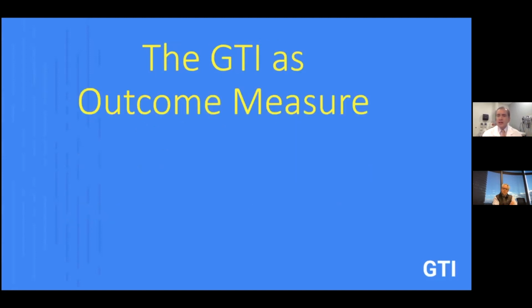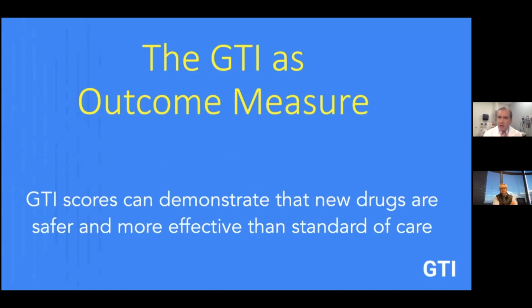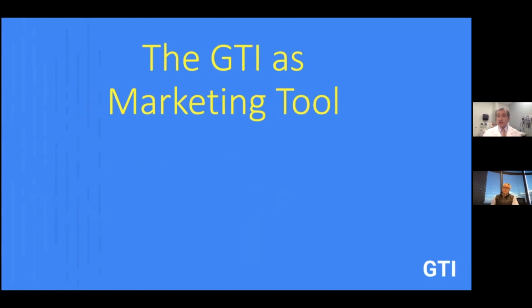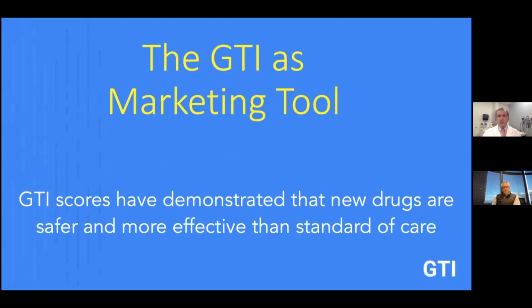So the GTI as outcome measure: GTI scores can demonstrate that new drugs are safer and more effective than standard of care. The GTI as marketing tool: GTI scores have demonstrated that new drugs are safer and more effective than standard of care, and data that I will show you related to ANCA-associated vasculitis and also in asthma.